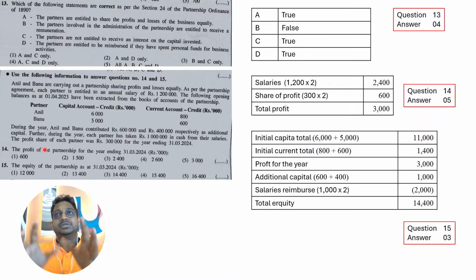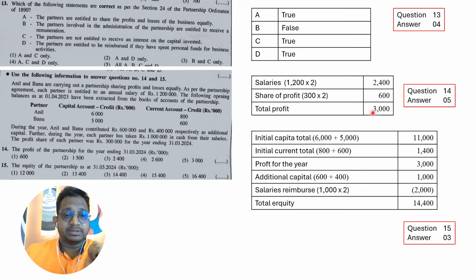So when they ask you the total profit of a partnership by giving these incomplete reports, you have to find out the profit by adding partner salaries, interest on capital, and share of profit. All those three. So here there is nothing for capital interest, but it says salaries for each partner is 1,200 per year, and the share of profit for each 300. So altogether your total profit should be 3 million.